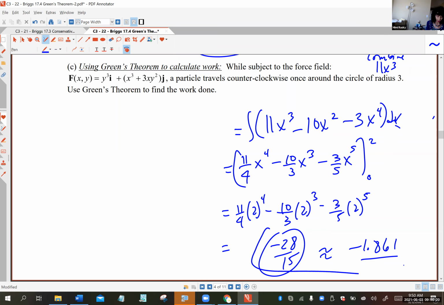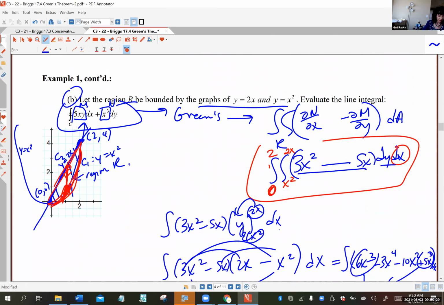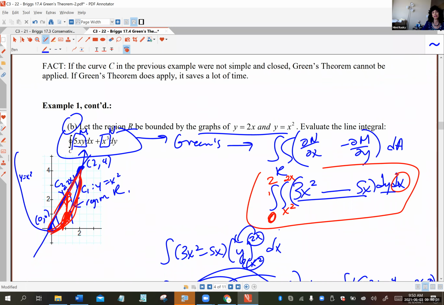But here, this is totally okay to get a negative number. Why? Well, because this isn't representing volume of a solid at all. It's representing a circulation around the boundary of this region. And we'll talk a little bit more about that next time.